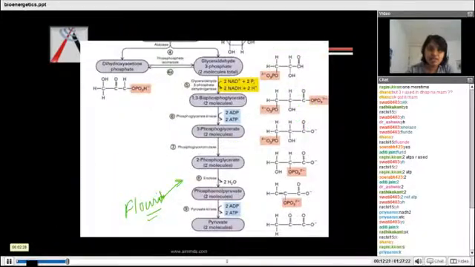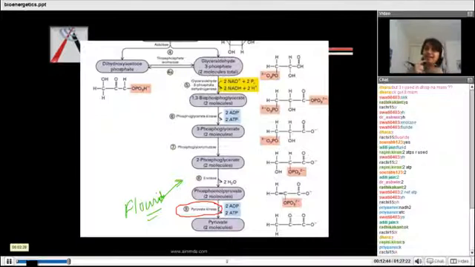And the third regulatory step is the last one, that is pyruvate kinase. So these are the 3 irreversible regulatory steps, but out of which the rate limiting step is phosphofructokinase.